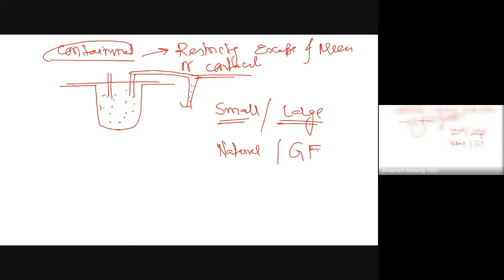Genetically engineered, you understand, right? We are manipulating the microorganism. And then pathogenicity: whatever the microorganism, is it pathogenic or not? So these are actually driving factors when I am talking about biosafety norms.